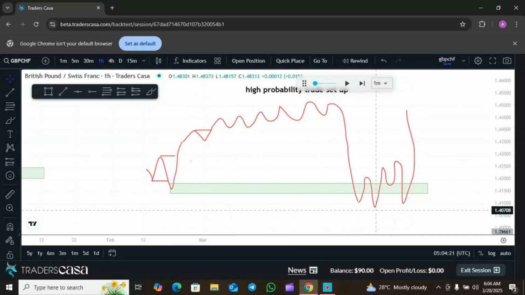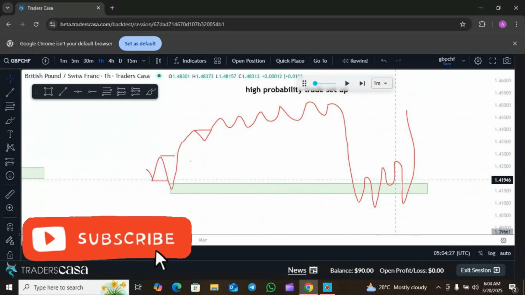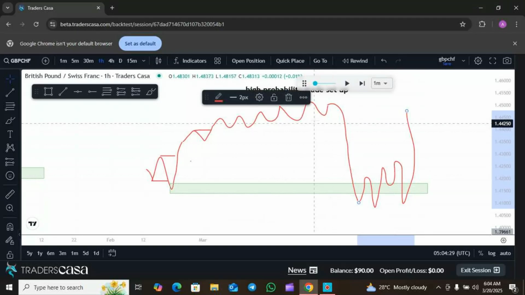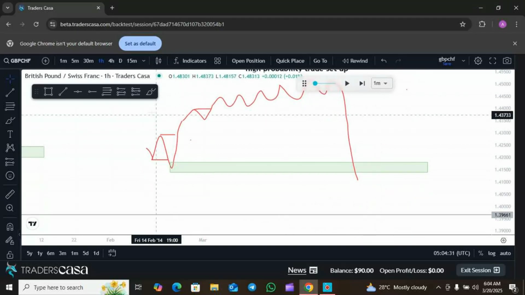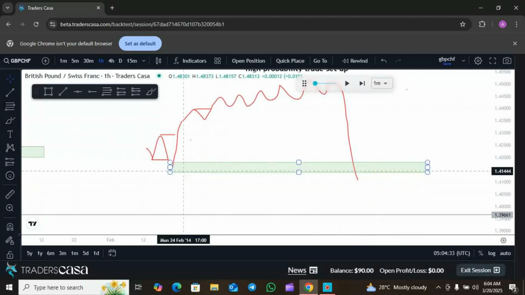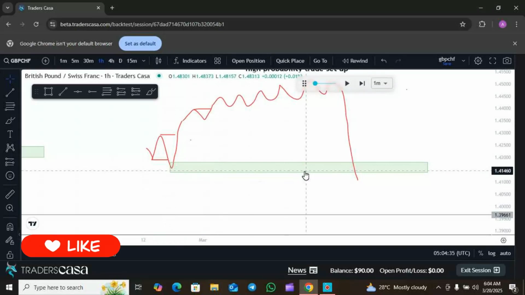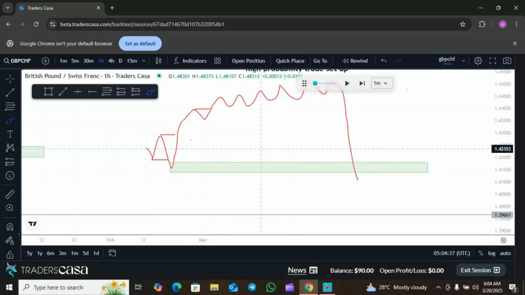Now, let me explain a little bit of concepts around this area. Why does price always take out this POI? Why does it take out this main low POI?